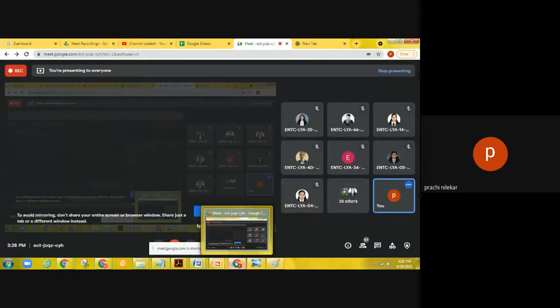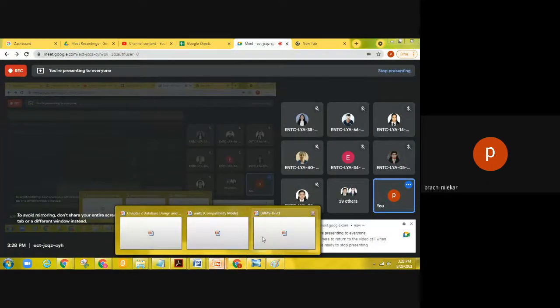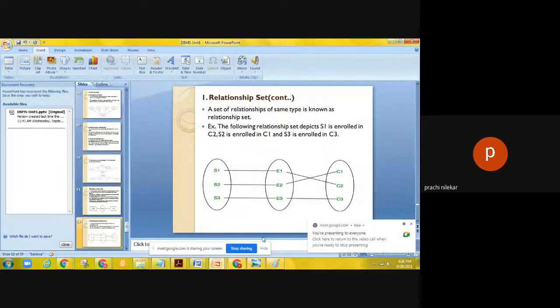As well as, courses is another entity set. C1, C2, C3. These are the different courses available in the courses entity set.